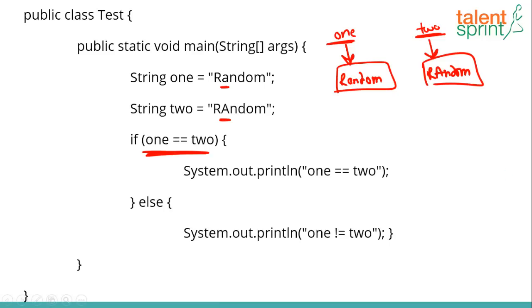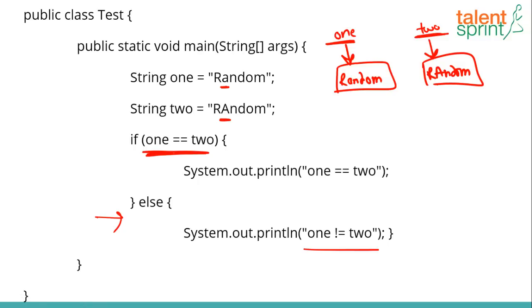Correct? They are not comparing the value. Keep in mind, they are checking whether the two reference variables are pointing to the same memory location or not, which of course they are not, because both the values are different. Hence we enter into the else and 1 not equal to 2 is printed.